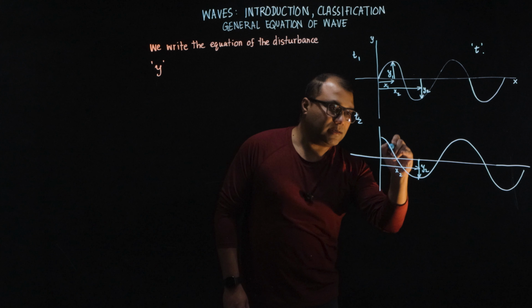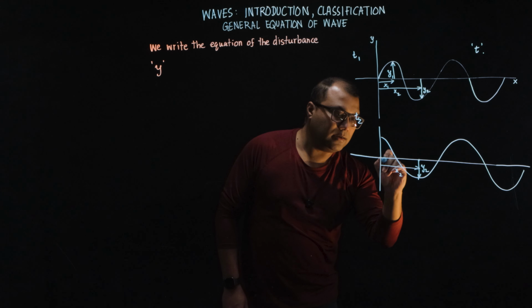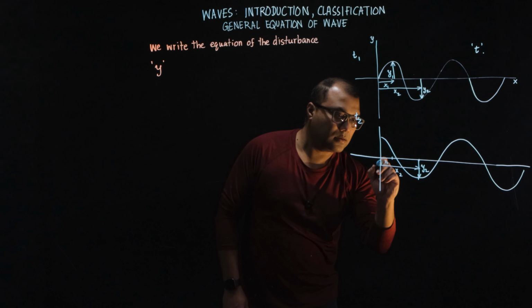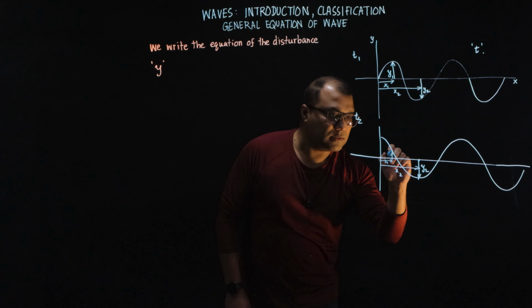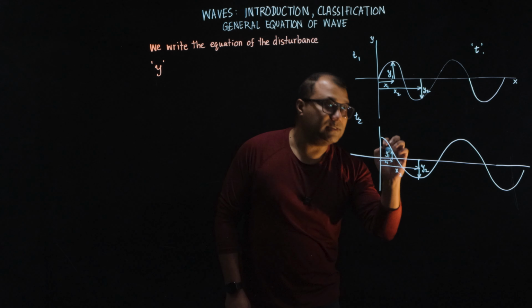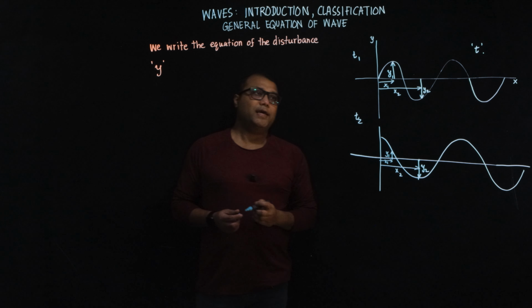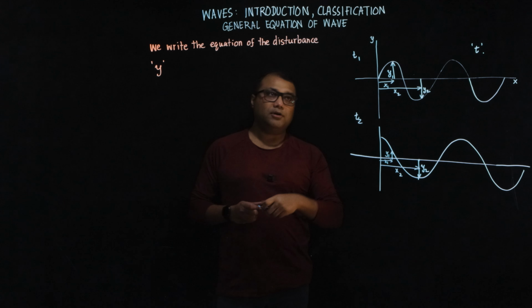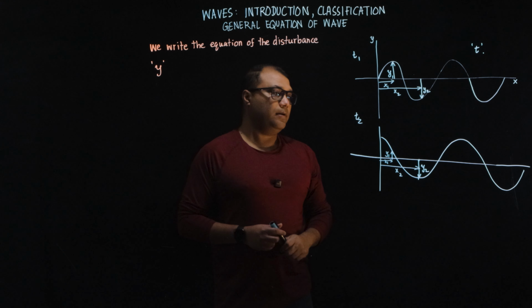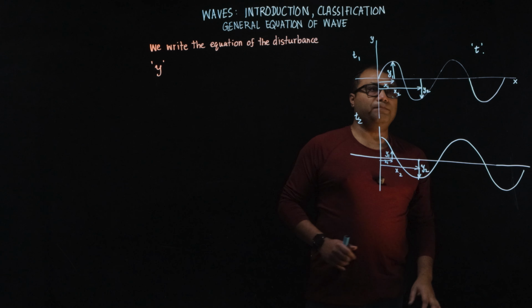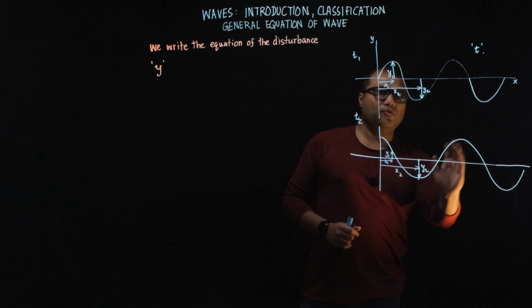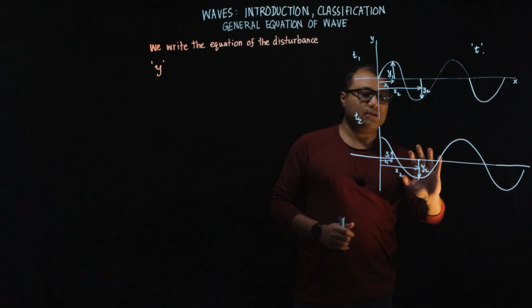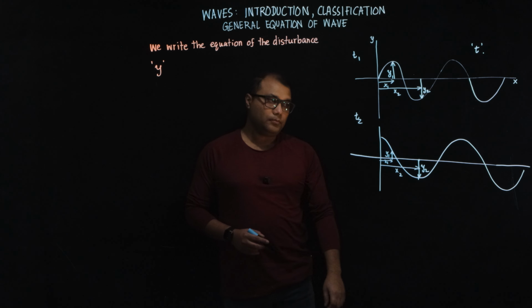Similarly, at x equals x1, let's say here is x1, this y1 is different than what y1 we had at snapshot t1, right? Because the wave is moving. This crest has now moved along. This crest has moved along, okay?